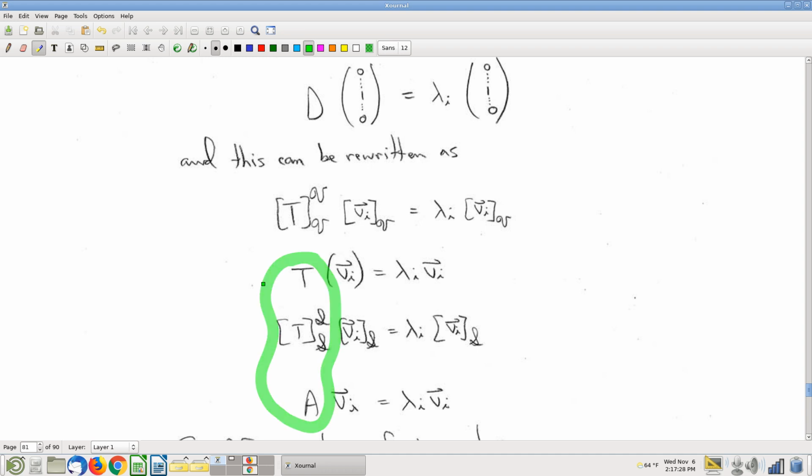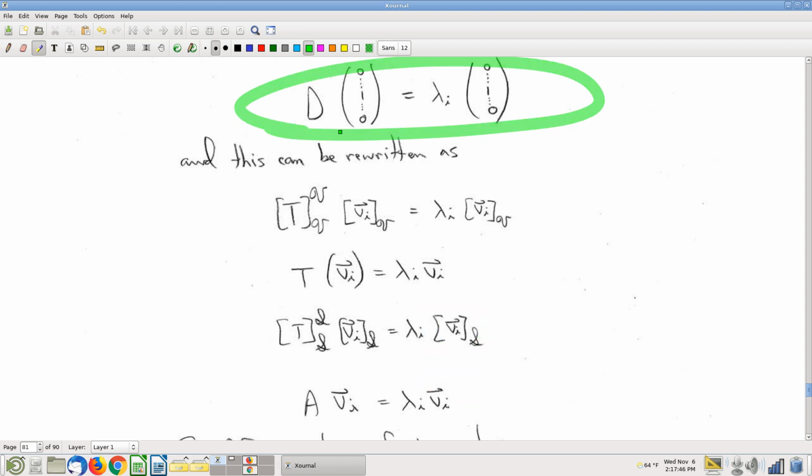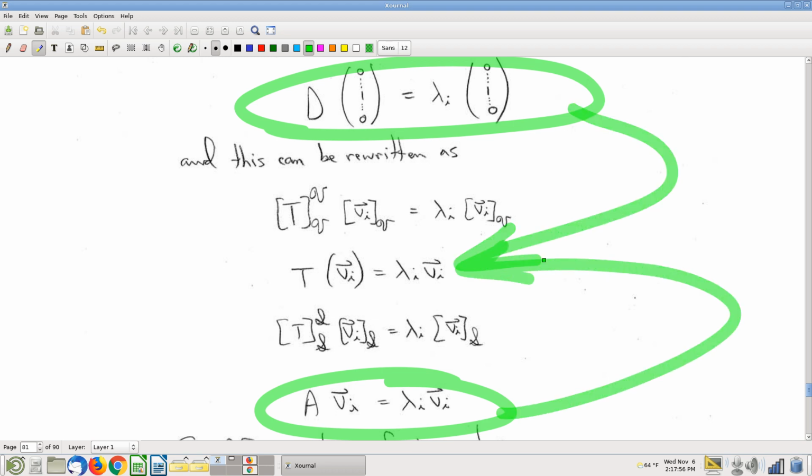And likewise, the way we think about vectors in R^n is that they are linear combinations of standard basis vectors in R^n. Likewise then here. So the nice punchline is that this statement about the matrix D tells us this statement about the matrix A. Ultimately, both of these matrix equations are really saying the same thing. They're telling you something about an underlying linear transformation, just in different languages.